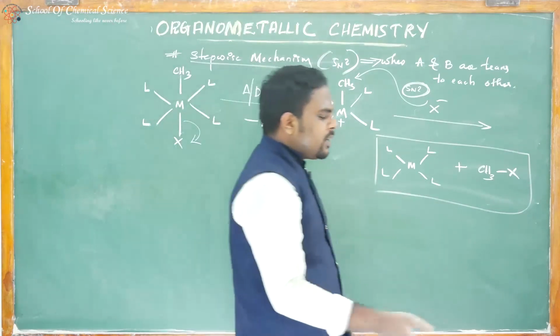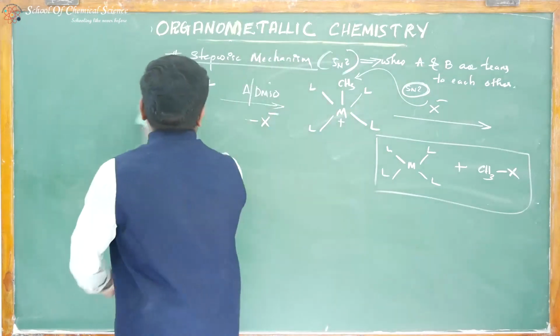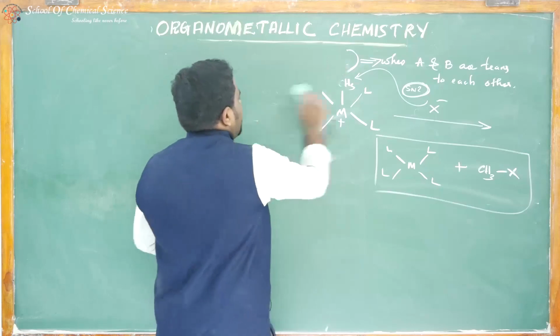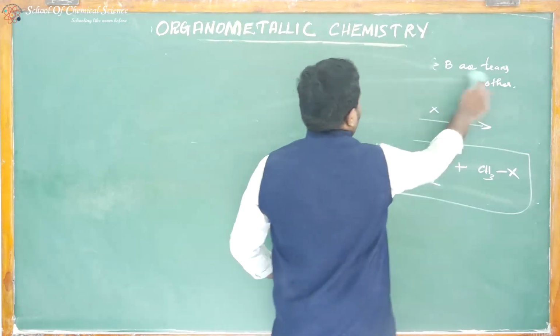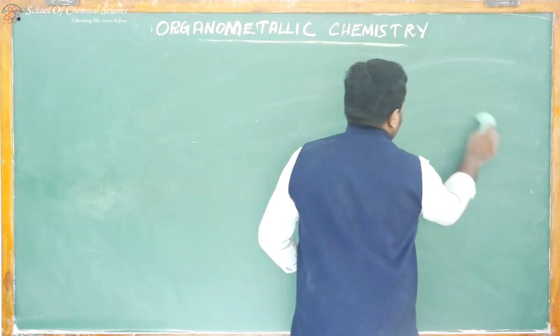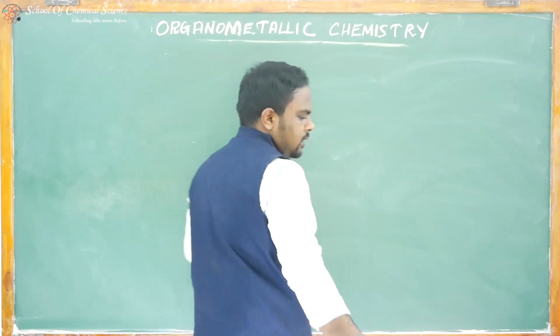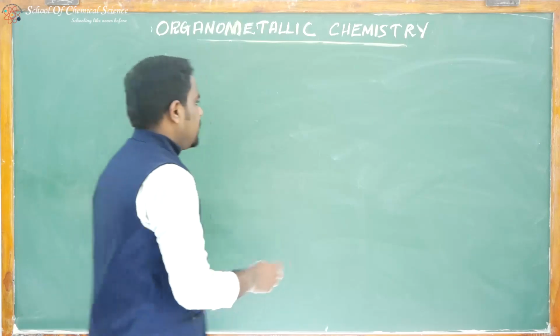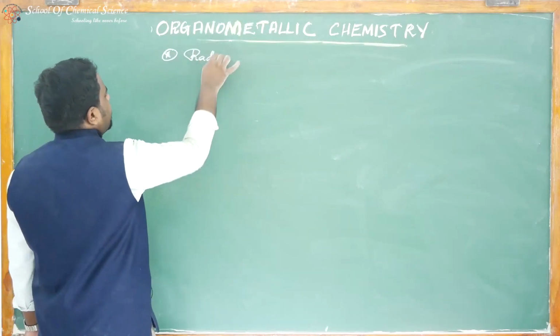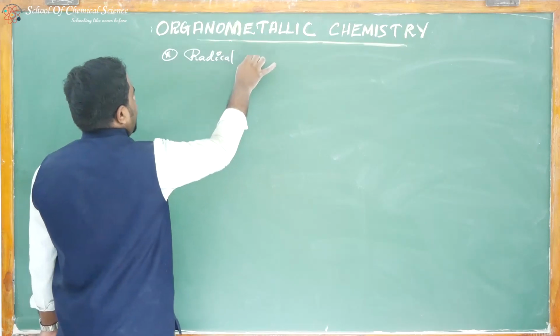Then one extreme case of SN2 is the radical mechanism. One extreme case of this stepwise mechanism is radical. So one more mechanism is also there, that is the radical mechanism. Please listen. The third one, radical mechanism.